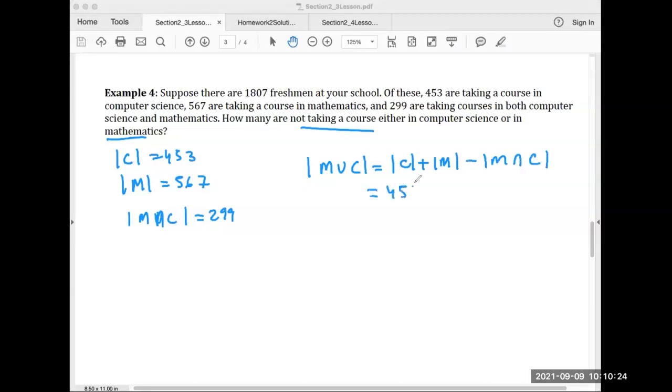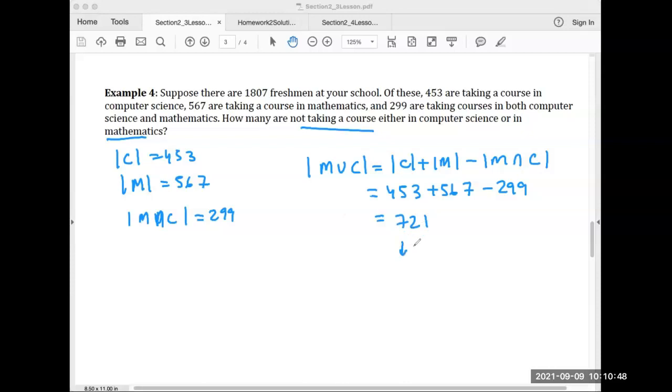So 453 plus 567 minus 299. This gives me 721. So this is how many are taking either math or computer science or both.